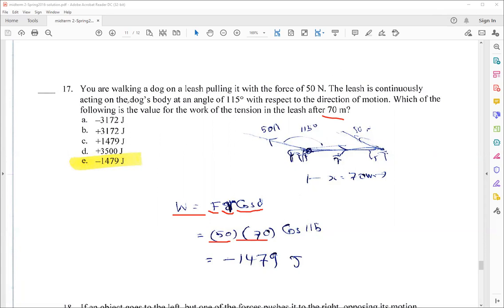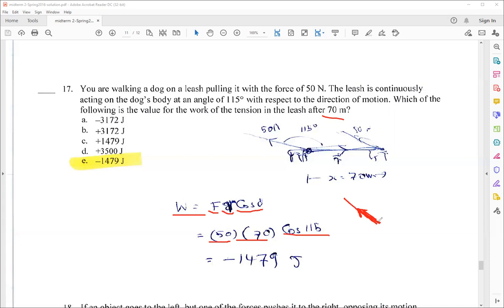So the leash is continuously, we're saying, acting on the dog's body at an angle of 115 degrees. So cosine 115 degrees. Now, in this case, you are applying a force like this. So maybe I can draw it in a different way. Let's say this is the force you're applying. This is the leash.